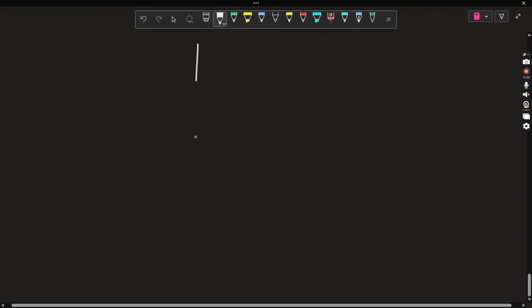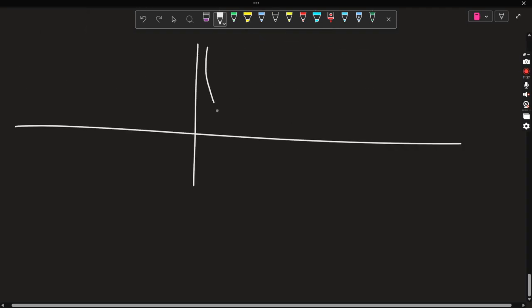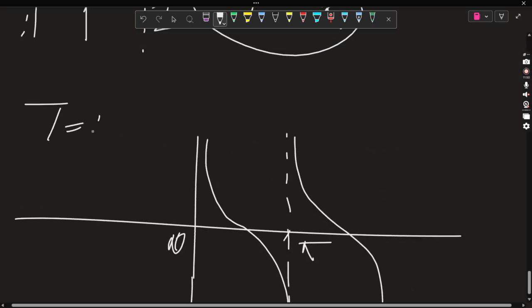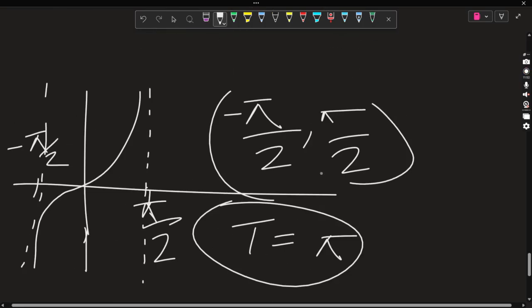And in case of cot x also, if we see, the graph is something like this. So again, if you see, the periodicity is pi. So the periodicity is pi in case of tan x as well as in cot x.